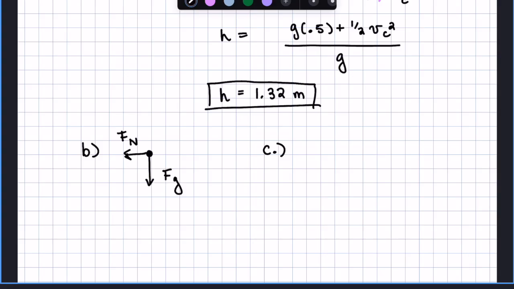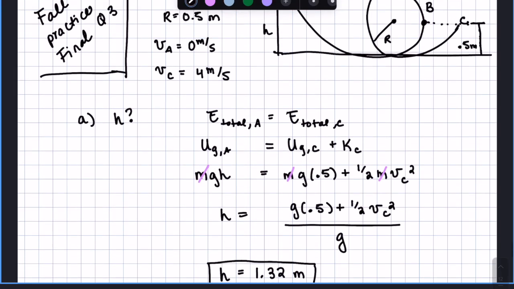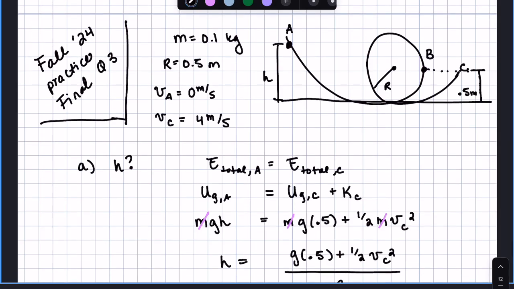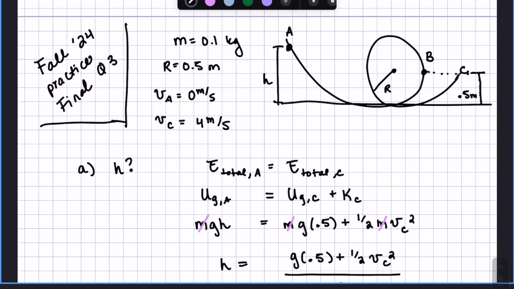Since B and C are happening at the same height and this track is frictionless, whatever speed we found for part C is also going to be the speed of the object at point B.